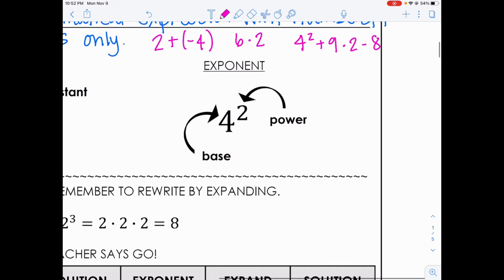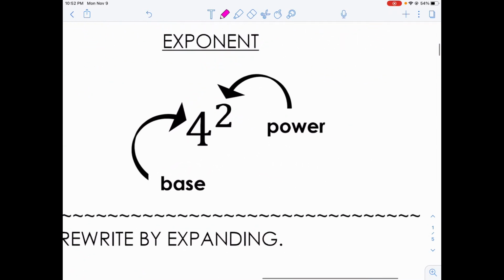Also, we quickly need to review exponents and how they work. Exponents are a quick, short way to represent repeated multiplication. So this particular one is 4 to the second power. 4 is the base. 4 is the number that is being multiplied by itself. So this is 4 times itself.